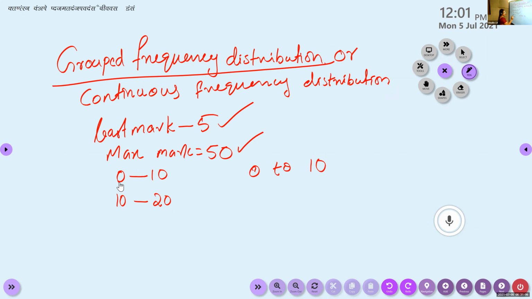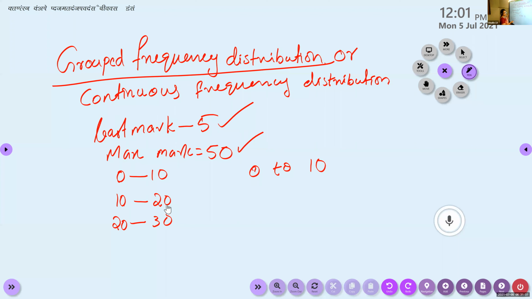So 0 to 10 is the first group. Second group is 10 to 20. Where we stop, from there you have to start the next group. So what will be the next group? 20 to 30. We stopped at 20, so we are starting the third group from 20 to 30.